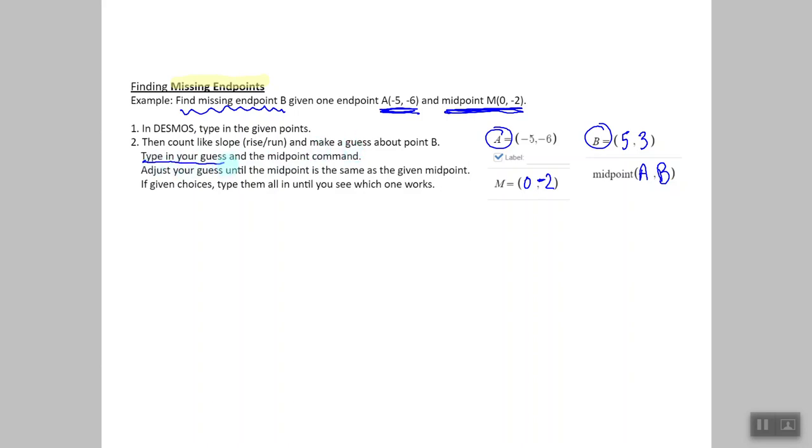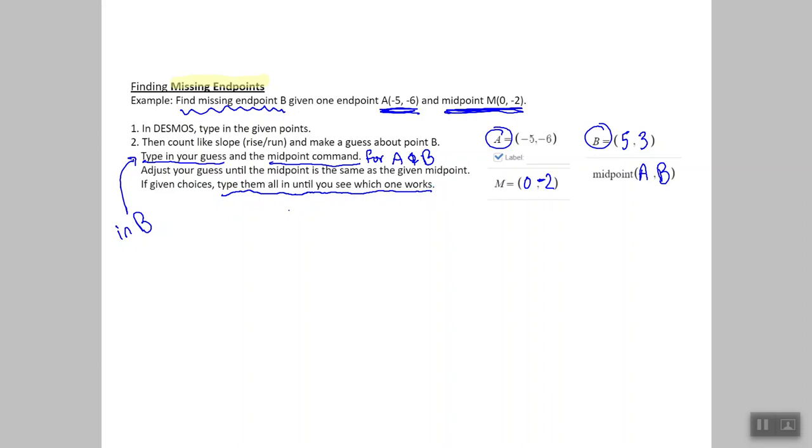Type in our guess, that's point B. Then the midpoint command, just like we did here with A and B. We adjusted our guess until the midpoint was the same as the given midpoint. If we're given choices, we can type them all in until we see which one works.